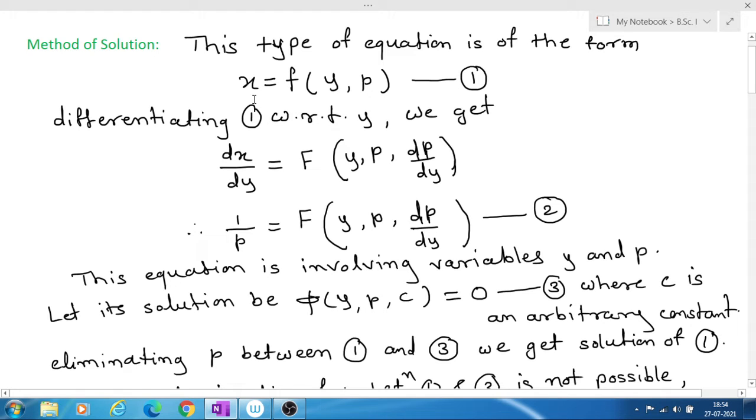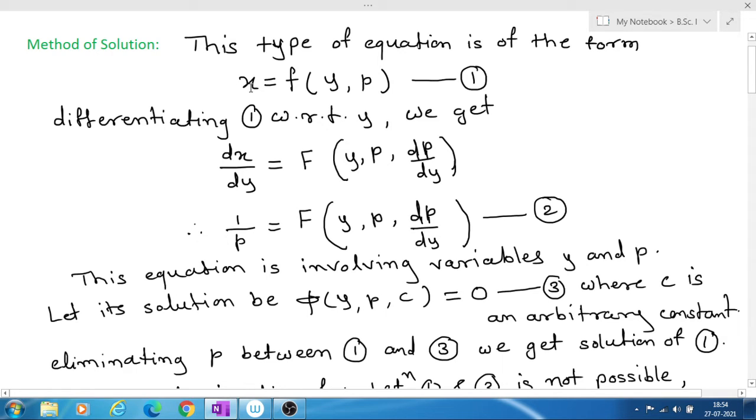Now since here is x, we differentiate this x with respect to y. In previous method the equation was y is equal to, so we differentiated that equation with respect to x. Now here we differentiate this equation with respect to y.